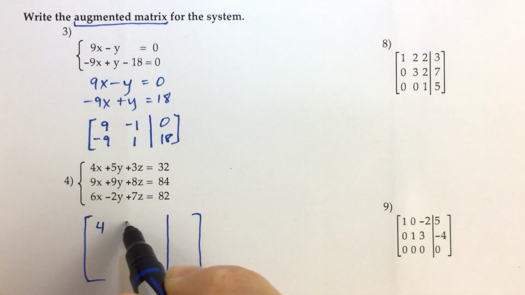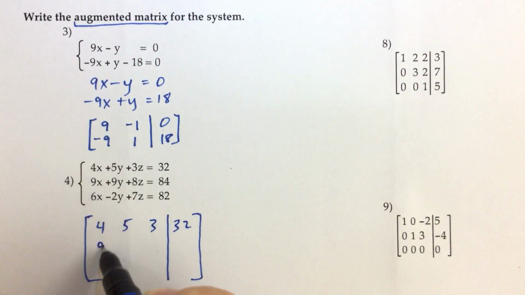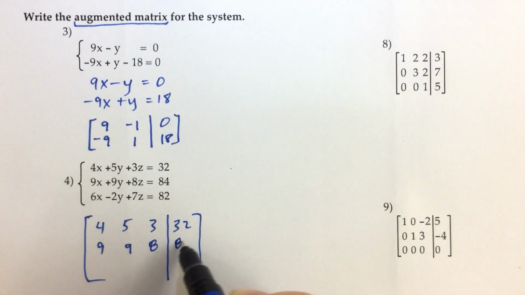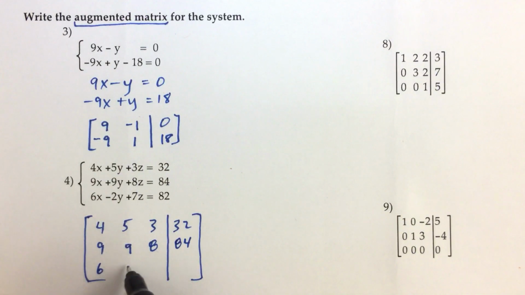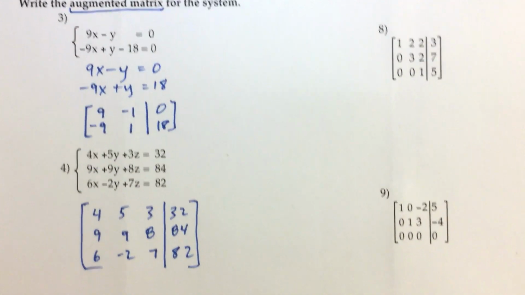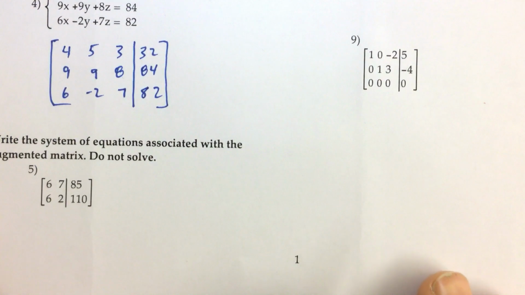So we have our first row, 4, 5, 3, and 32; 9, 9, 8, and 84; 6, negative 2, 7, and 82. That's it.